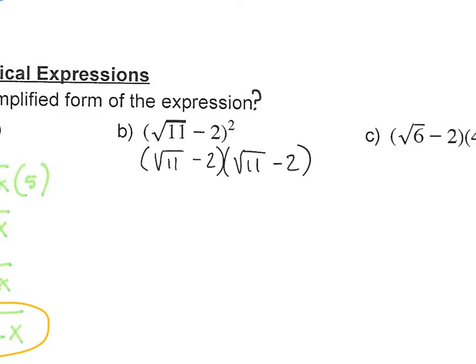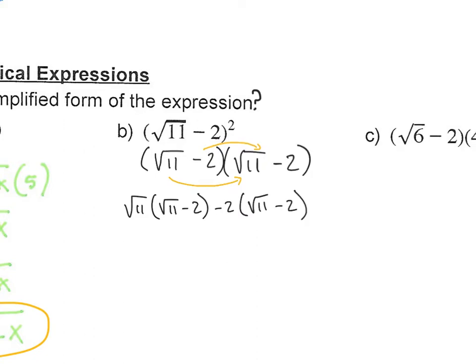I need to multiply the square root of 11 times everything over there, and multiply negative 2 times everything over there. So I have the square root of 11 times the square root of 11 minus 2, then minus 2 times the square root of 11 minus 2.